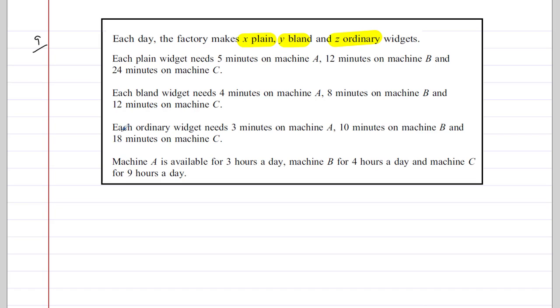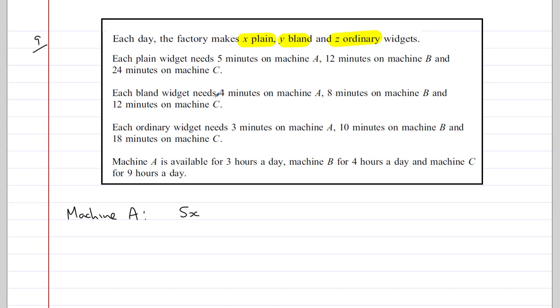We'll start with a constraint for machine A, which is available for 3 hours a day. Each plain widget needs 5 minutes on machine A, so that's 5 minutes multiplied by the number of plain widgets, which is 5x.